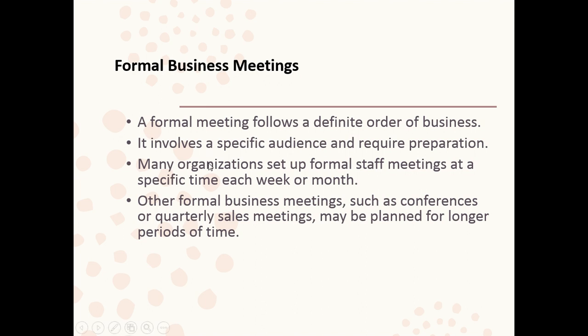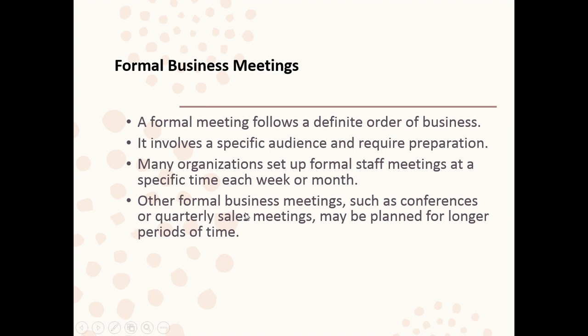Many organisations set up formal staff meetings at a specific time each week or a month. So once an organisation has set formal staff meetings for a regular time, which could be every week or every month, we consider that a formal business meeting.